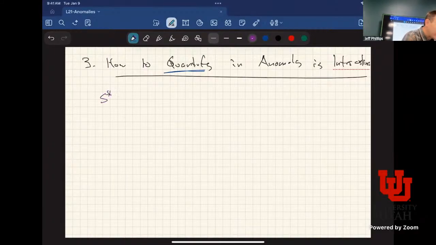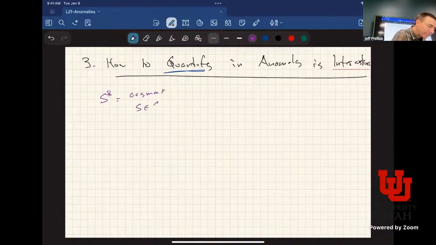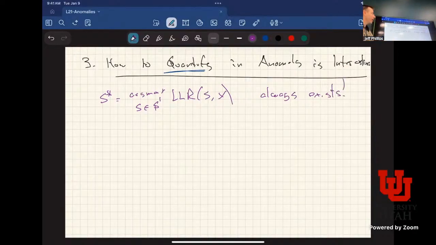So S star, arg max, always exists. You could always run code and it will always give you an answer.